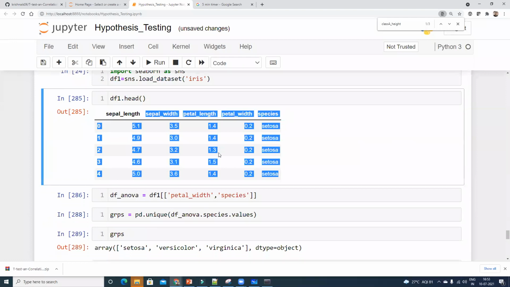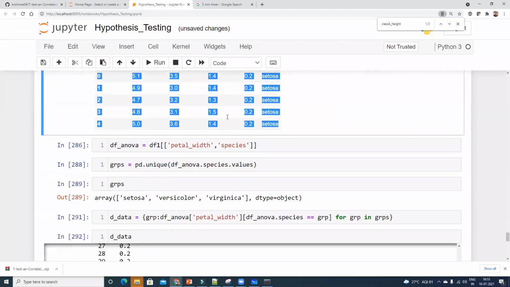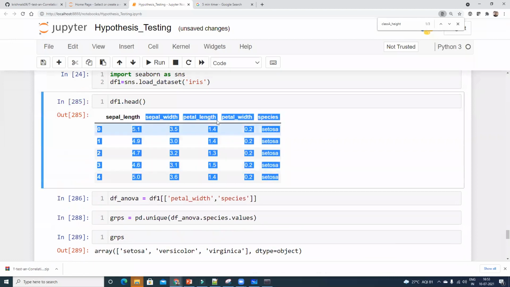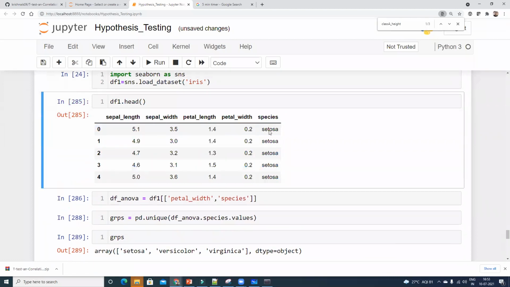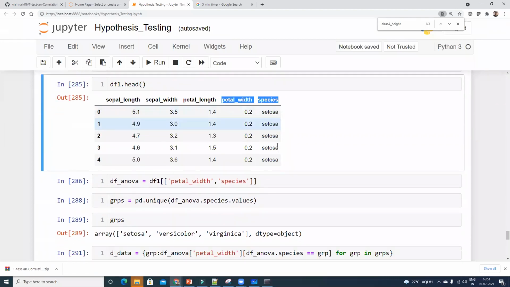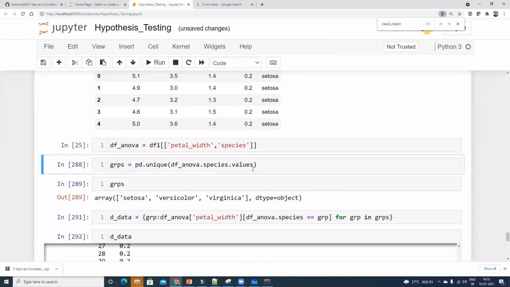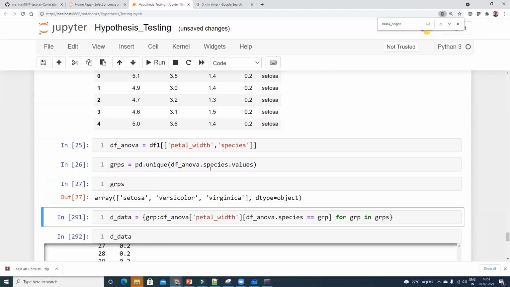Now, suppose I take petal width and species, these two features. You can see over here, with the help of this example, we are taking these two features. And if I go and look at these groups, how many unique values do I have in species? This is nothing but Setosa, versicolor, and virginica.